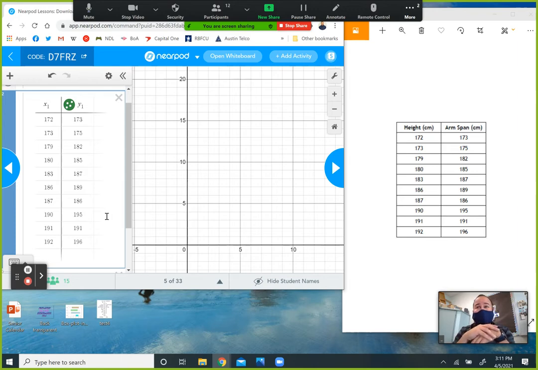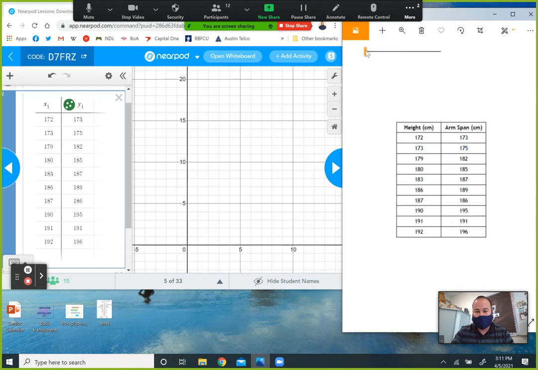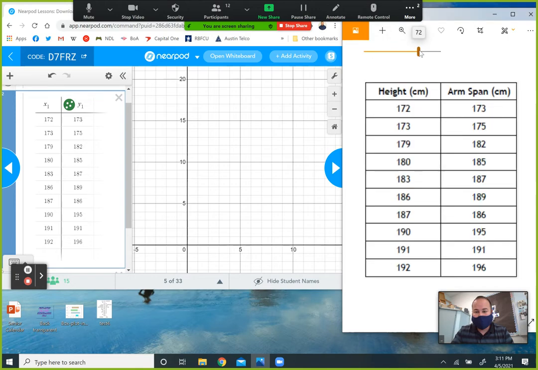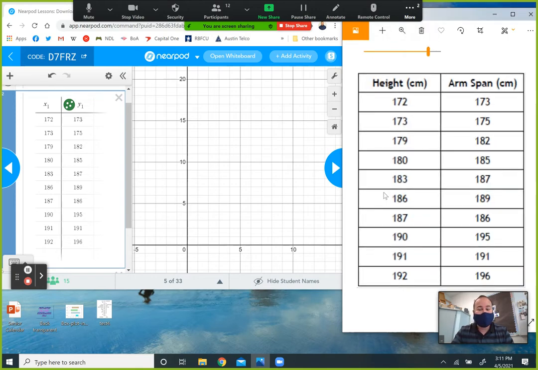I wish it would. Can you see it? Why don't you move closer? Zoom into this. There you go. Should have done that from the beginning.